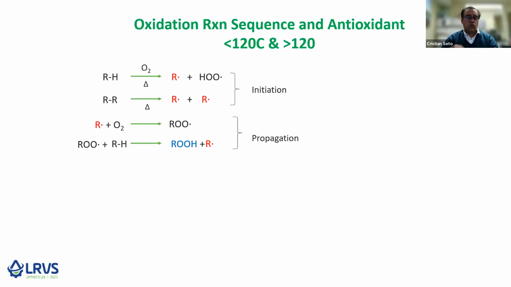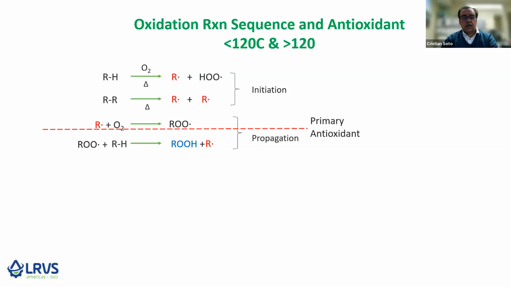Peroxy radicals then will interact with oil molecules again and make peroxide, creating a radical. Now, this propagation step basically allows the continued formation of peroxy radicals, which will continue to attack the oil if not mitigated. And that's the role of primary antioxidants, to break this step of the reaction.